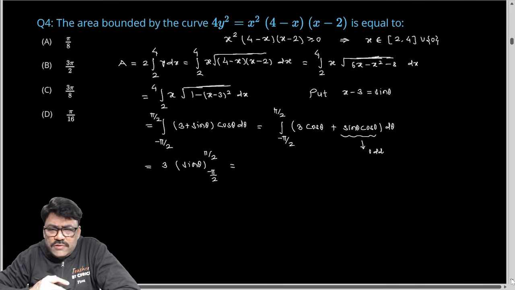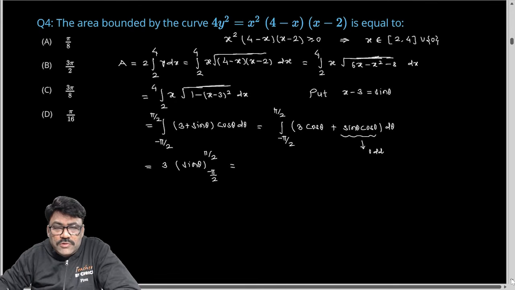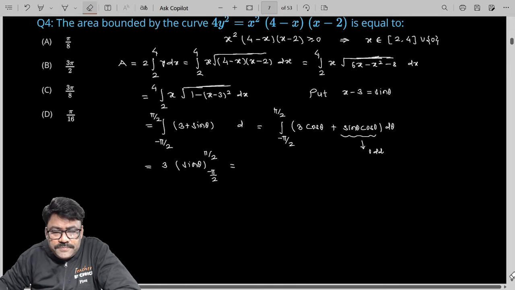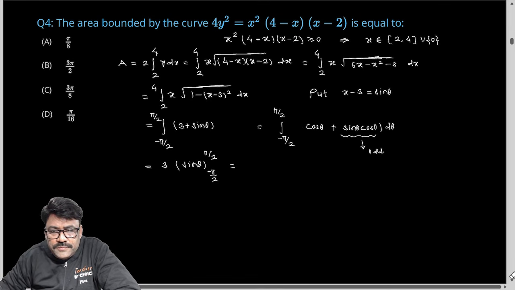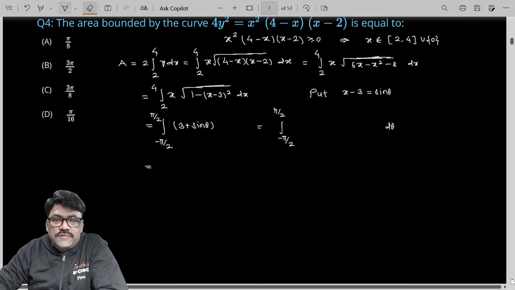Oh, dx, yes, dx is correct, cos theta d theta. Yes, I made a mistake here. I missed this square root term, a term inside the root actually. My bad. So let's recalculate.